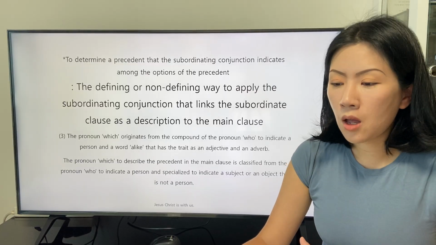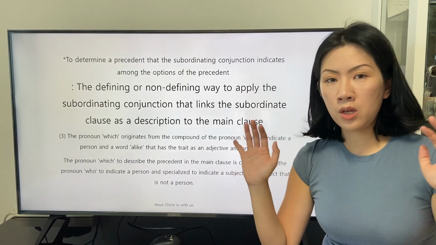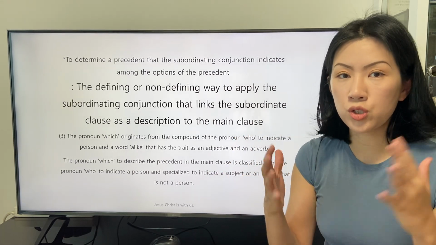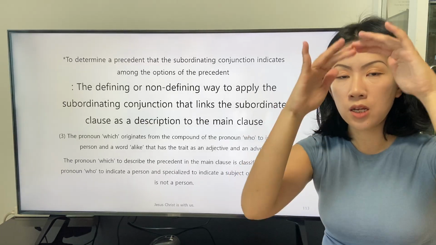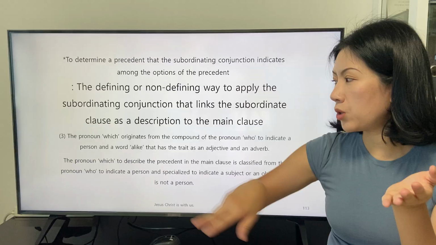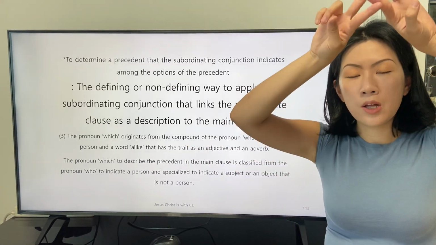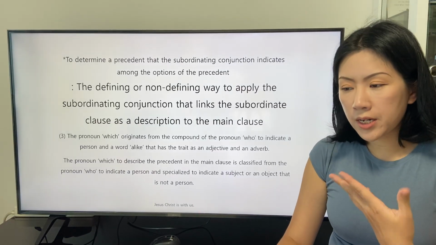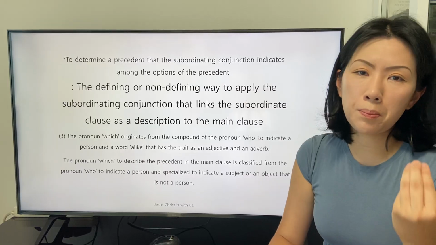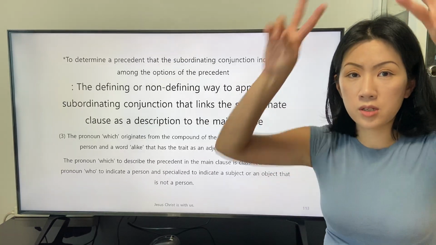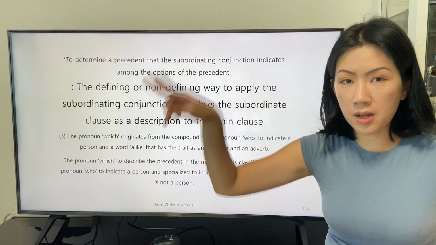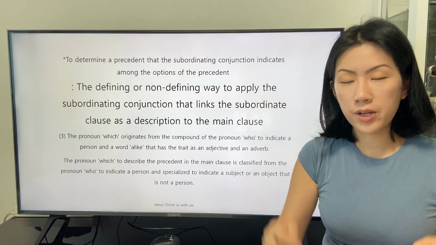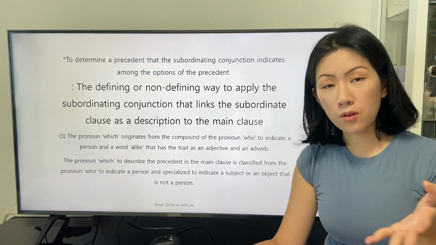So we can understand the range that the pronoun which is able to indicate is classified into a person according to the pronoun who, and the subject or object that are similar to a person but that are not a person.